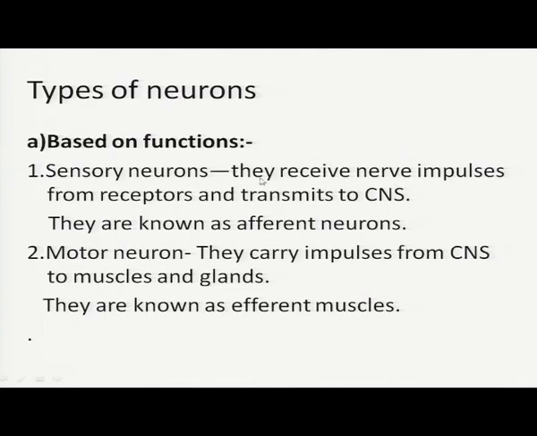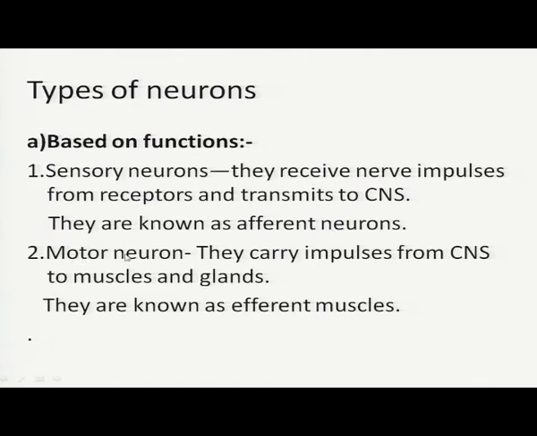Since they originate from the sense organs or receptors, they are known as sensory neurons. And since they carry nerve impulses to the central nervous system, they are also known as afferent neurons.